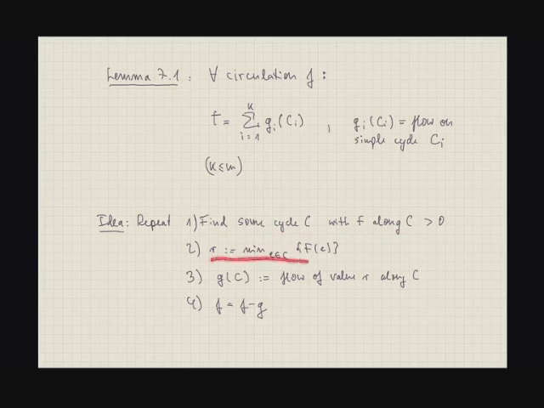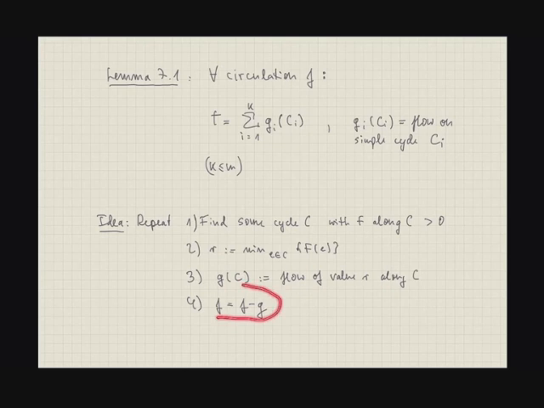I look at the minimum flow value along all these edges. It's all non-zero, and that would be the corresponding minimum flow along that cycle. g of C is now the cycle flow of that amount R along that cycle.